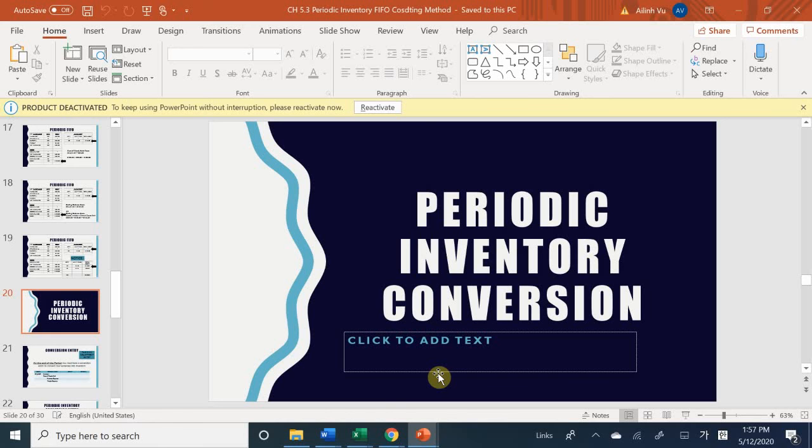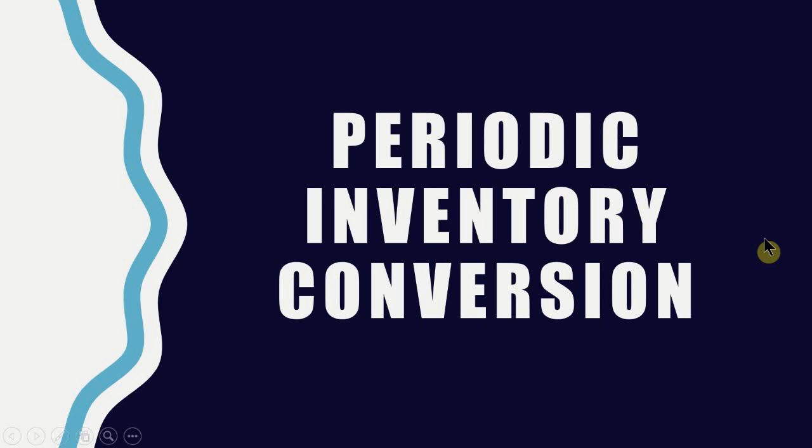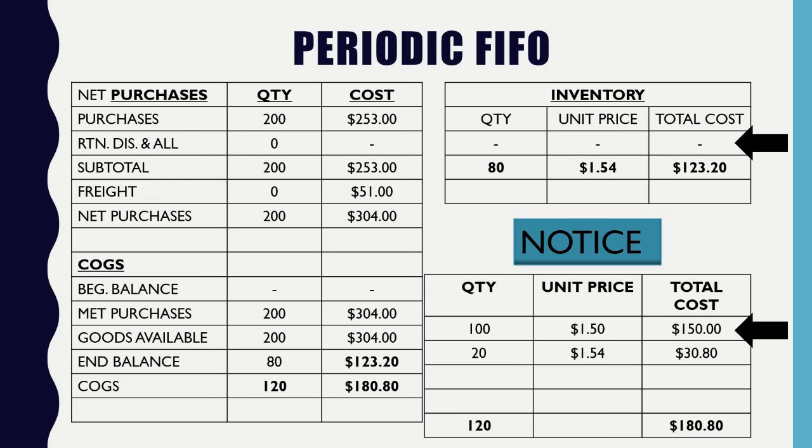Okay. So I'm actually going to go over this last concept first, and then we can take a break. Let's look at the numbers again. Once we solve the table, let's focus on the bottom half under the cost of goods sold. We have our ending inventory and our cost of goods sold, and we have the dollar value for it right here: $123.20 and $180.80.